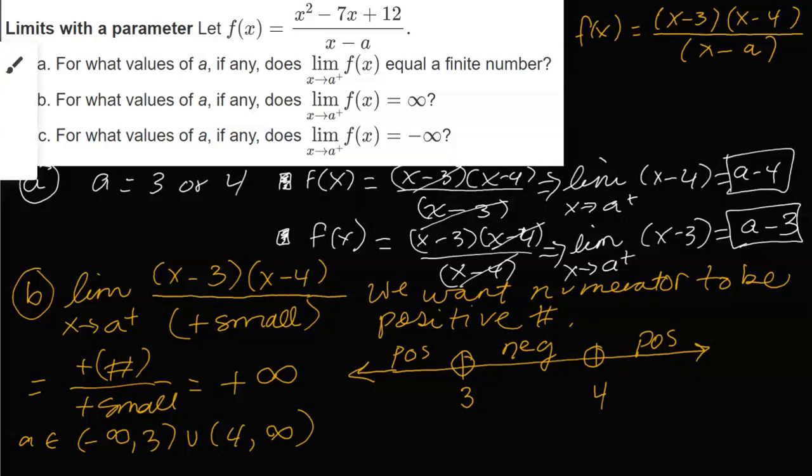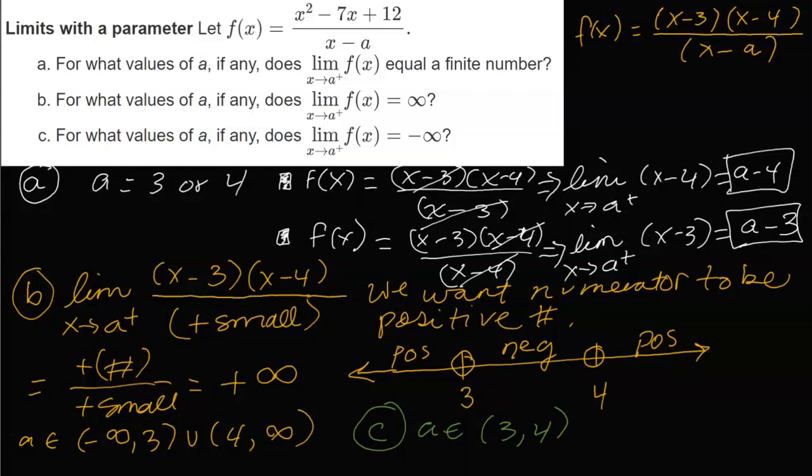Whereas for part C, we want to know what a can be so that the limit as x goes to a is going to be a negative number. Well, that means when is the numerator a negative number? The numerator is negative when x is in between 3 and 4.